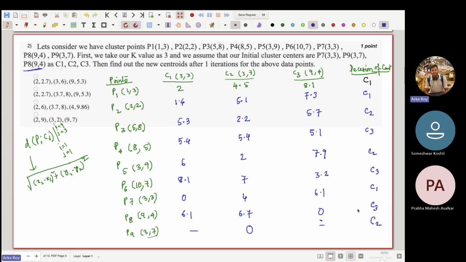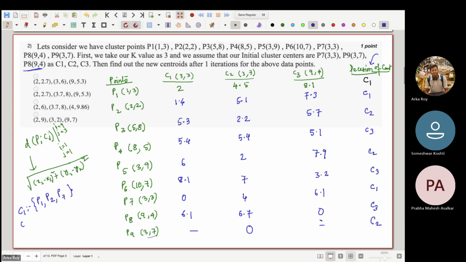So now we have the data points along with their belongingness to the corresponding clusters. Now let us assimilate all the cluster 1 data points. You can see that P1 belongs to cluster 1, P2, then this one, that is P7.